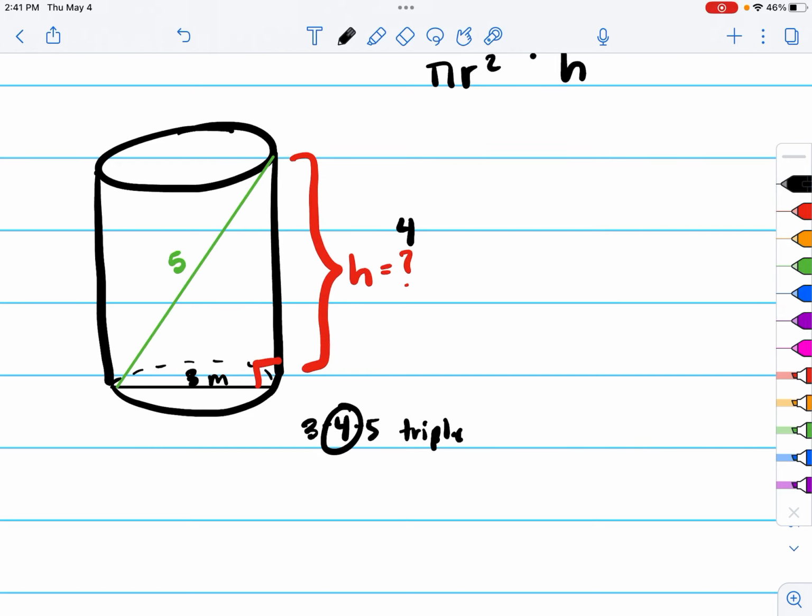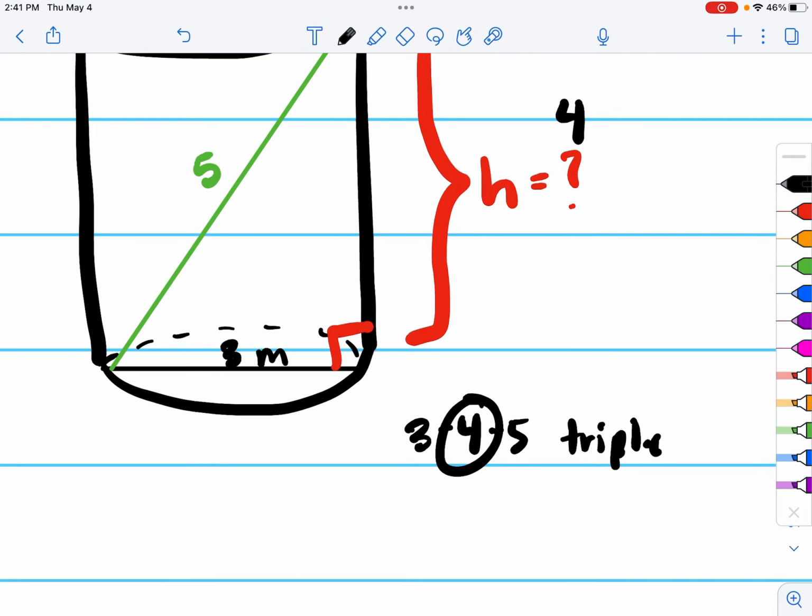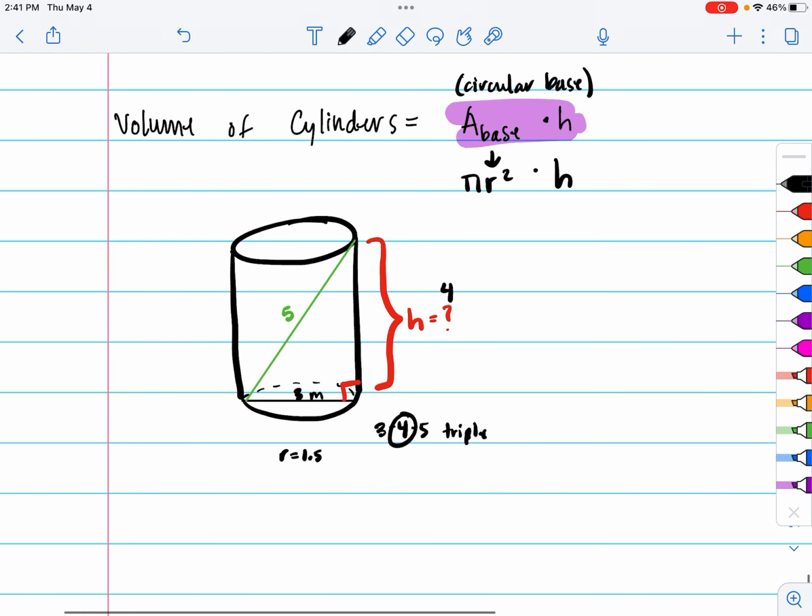And now we could solve. If this is a diameter of 3, that means the radius is equal to 1.5. And now we can actually solve for the area of the base. Area of the base is then pi times 1.5 squared. 1.5 squared is 2.25, so 2.25 pi.